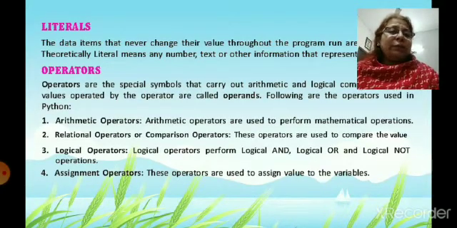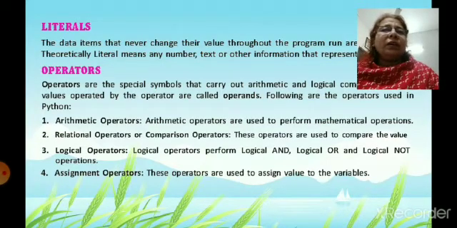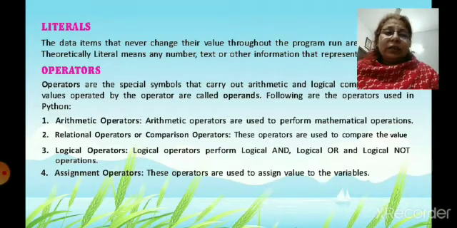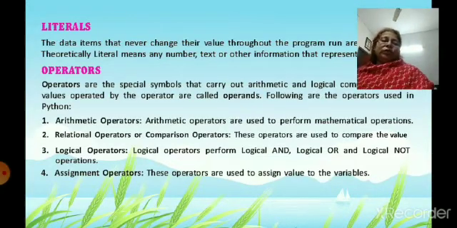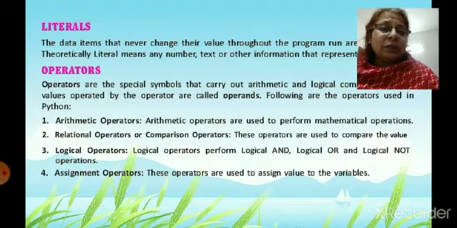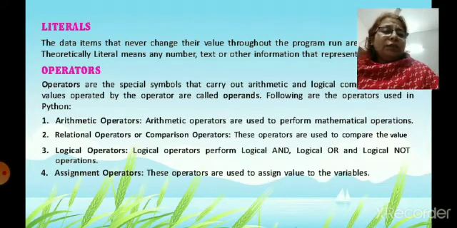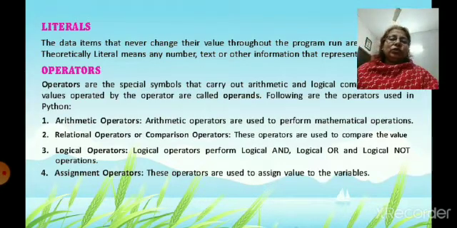Relational or comparison means where we are checking greater than, less than, equal to. Logical operators are and, or, that means this and this are true. Greater than, less than, or greater than equal to, less than equal to, these are the logical operators.